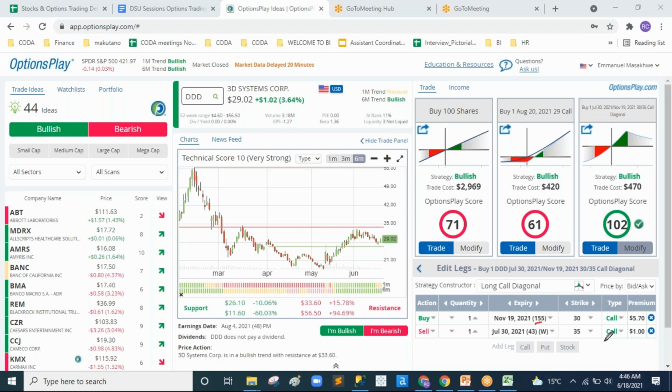Okay. Strike price at 35. Yes, this is fine.